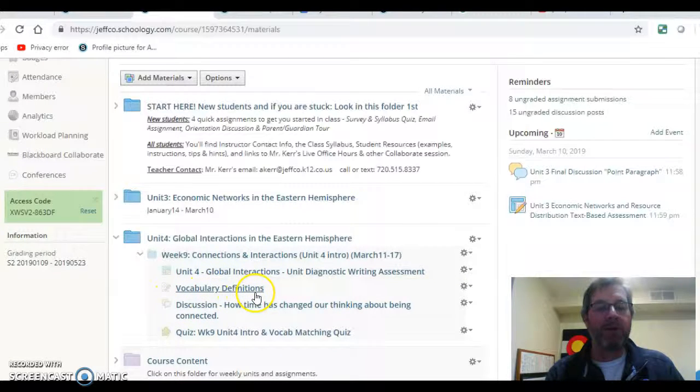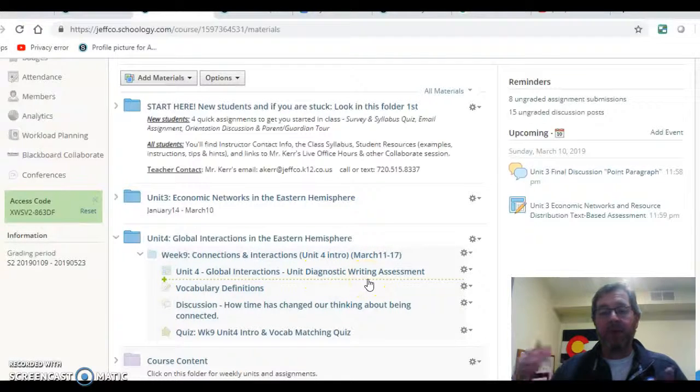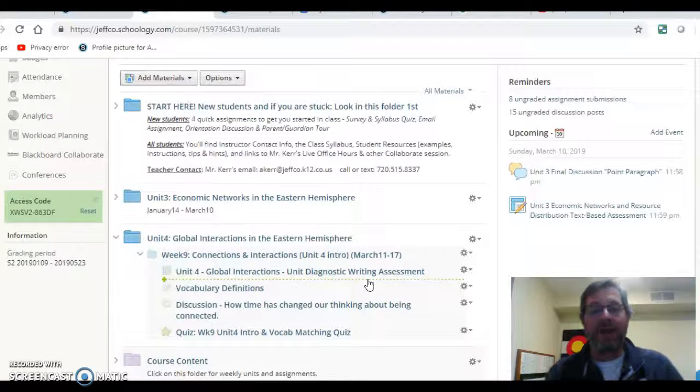We have some vocabulary definitions that I want you to go through, and a discussion board about how time has changed our thinking about being connected, where you will be using some of your vocab. And of course, we have a quiz. On Monday, you should do the diagnostic writing, which sets us up for the whole unit. And remember, on a diagnostic, I don't expect you to know all the perfect answers for a Unit 4 Global Interactions unit.